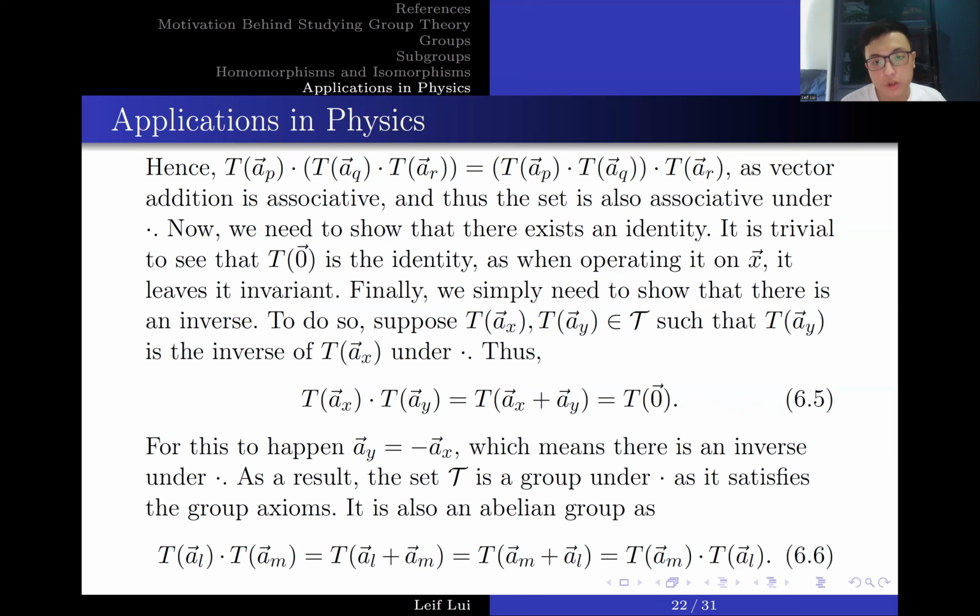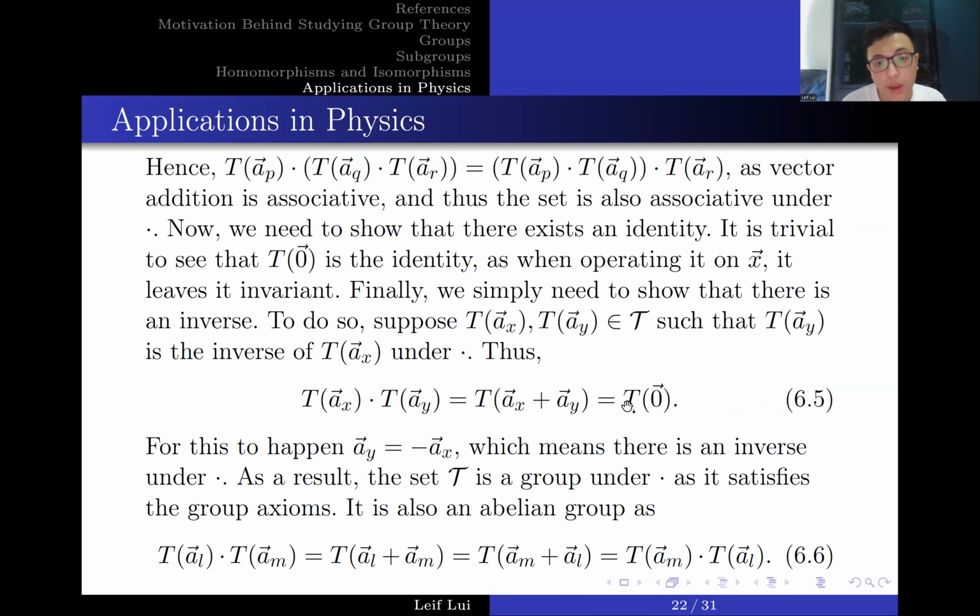So finally, we need to show that there is an inverse, and to do so, we consider two different vectors. Let's say T(a_x) and T(a_y) are in T, such that a_y is the inverse of a_x under this operation. By that definition, T(a_x) · T(a_y) is equal to the addition of their arguments, and this should yield the zero vector inside.